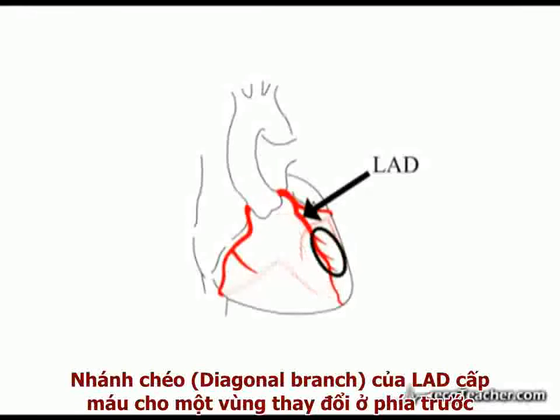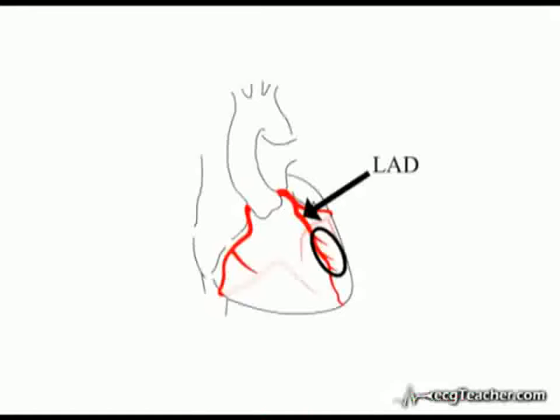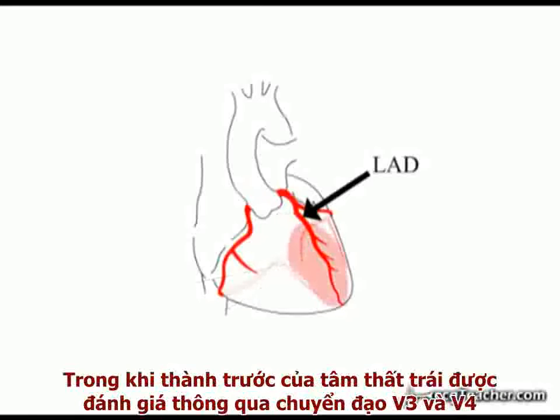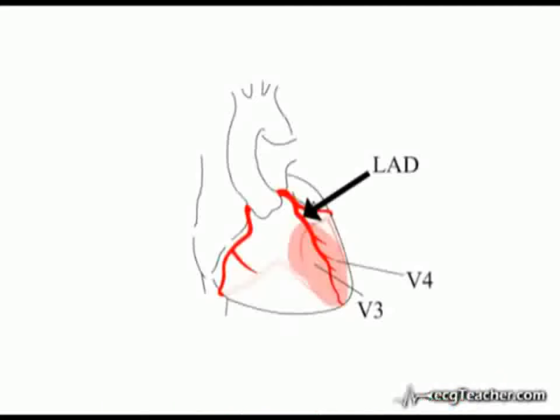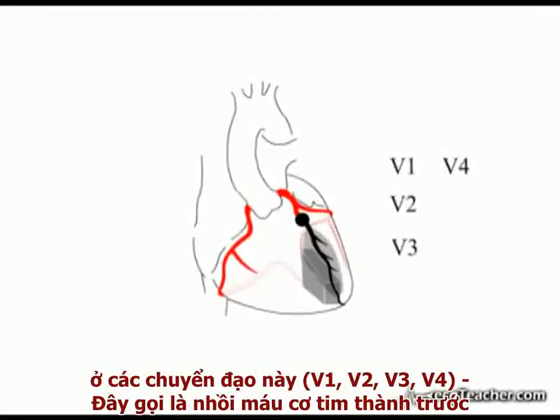Diagonal branches of the LAD supply a variable extent of the anterior and, in some individuals, lateral surface of the left ventricle. The septum is examined by leads V1 and V2, while the anterior surface of the left ventricle is examined by leads V3 and V4. Proximal obstruction of the LAD will be associated with ST elevation in these leads and anterior MI.